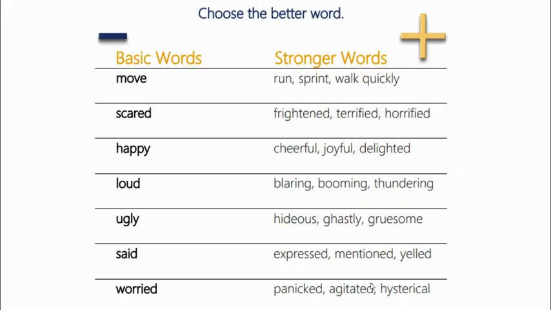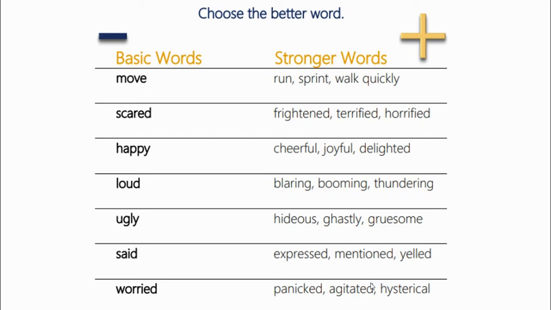So as we said before, we have the weak words, the basic words. A word like move, we can replace with run, sprint, walk quickly. The word scared: frightened, terrified, or horrified. The word happy: cheerful, joyful, delighted. Loud: blaring, booming, thundering.